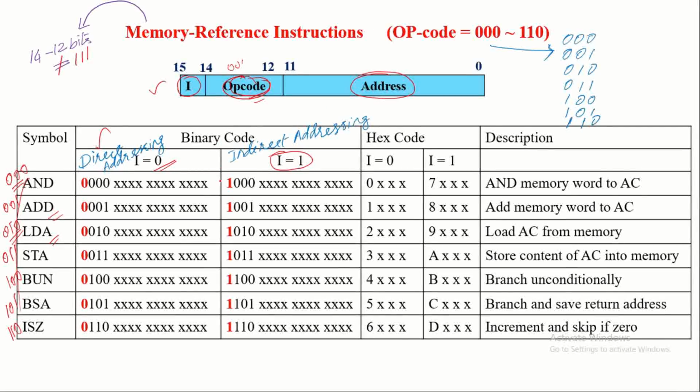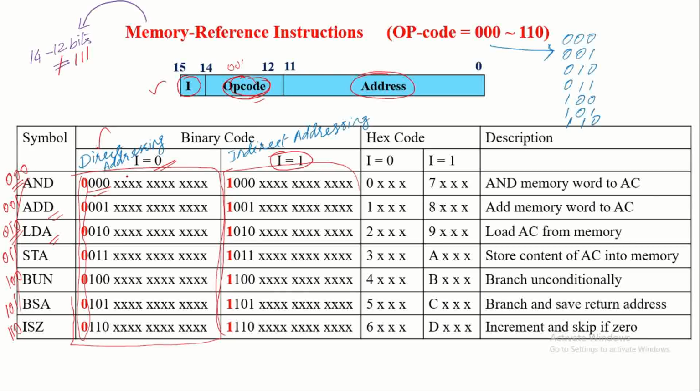Here, students, the 16-bit memory reference instruction binary code is present. This 16-bit binary code is for a direct address, and this other 16-bit code is a memory reference instruction that contains the indirect address. Let us first observe only the first 4 bits of the memory reference instructions. In this, the 15th bit is set to 0.